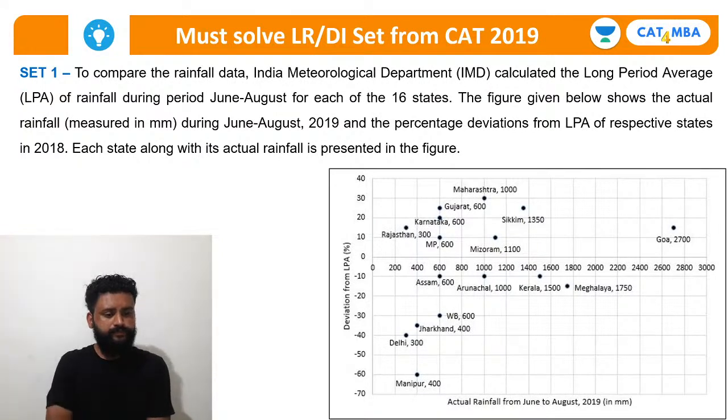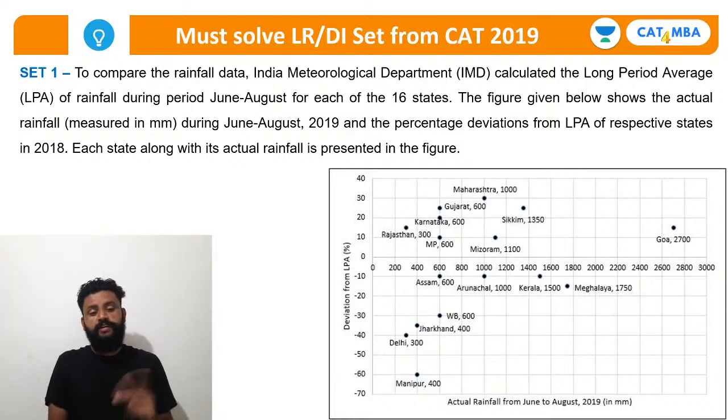Then, during June to August 2019. So this table is completely about 2019. Don't give up guys, just read it, go with this. Then the percentage deviation from LPA of the respective states.